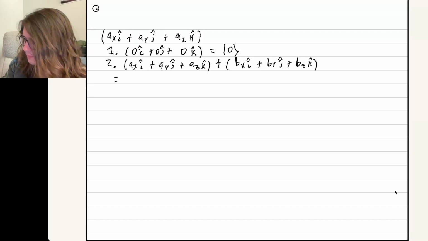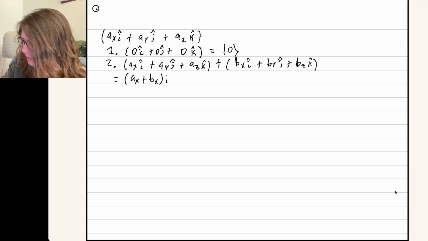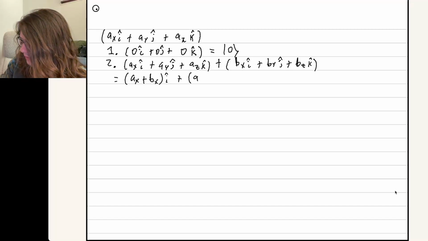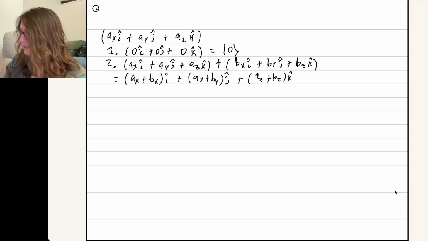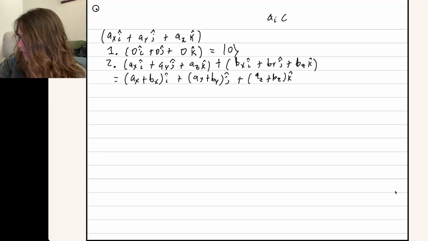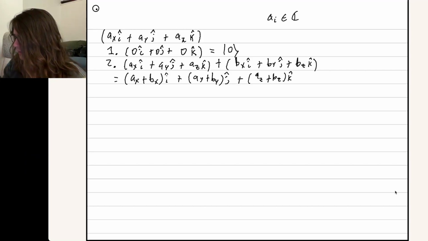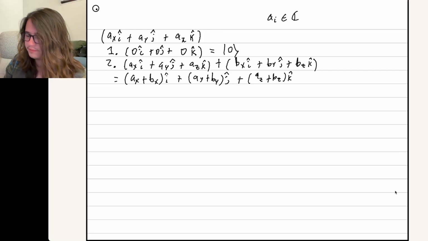If you add those up, that looks like ax plus bx times i hat plus ay plus by times j hat plus az plus bz k hat, which under the rules of the a constants just being any complex number, is still part of the vector group.